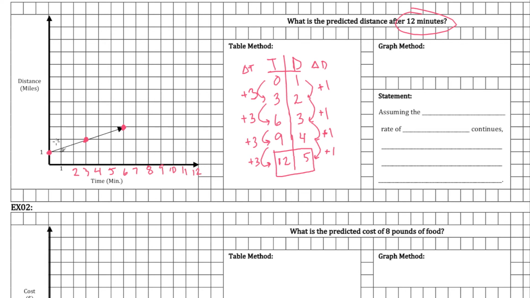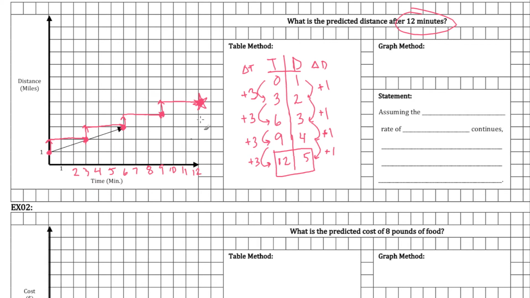I'm trying to get here. So up 1, right 3. Up 1, right 3. Up 1, right 3. So I'm at 9 minutes. And up 1, right 3. So this is where I'm trying to get to.